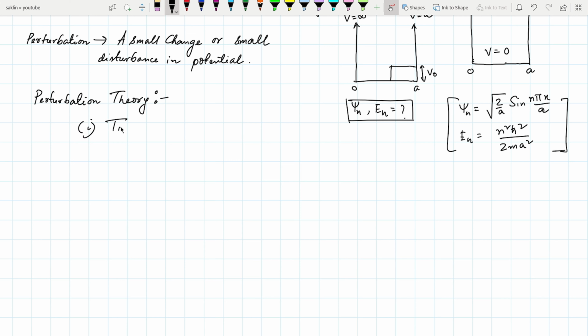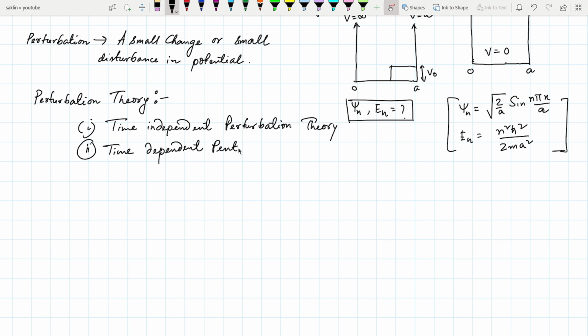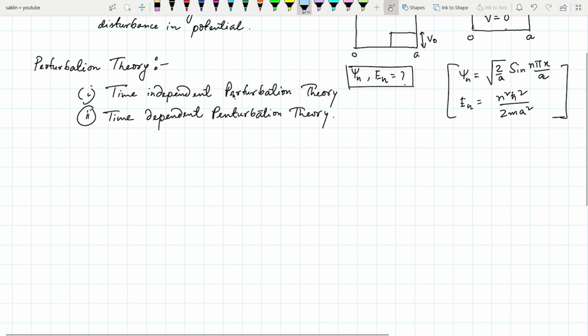One is time independent perturbation theory, and second is time dependent perturbation theory. Okay, in this video I will cover only time independent perturbation theory.